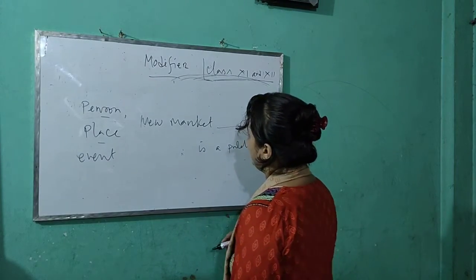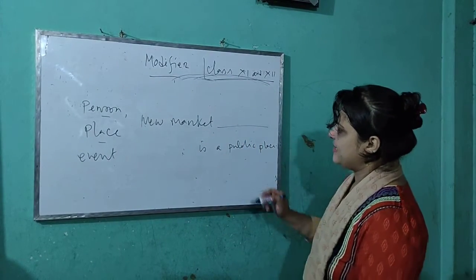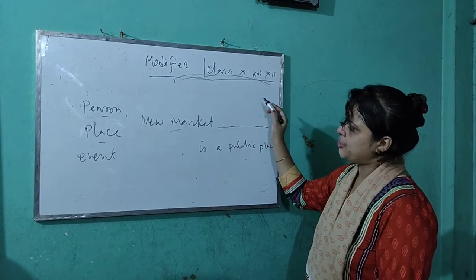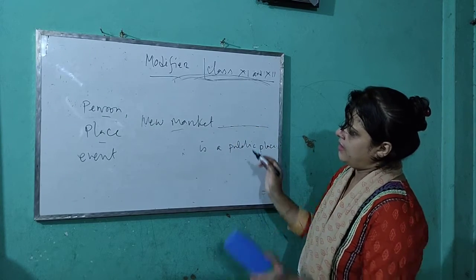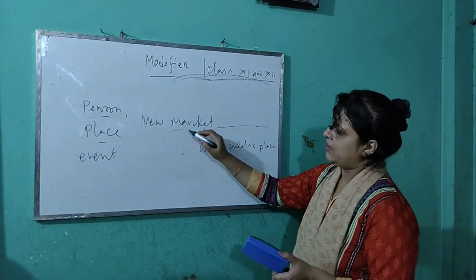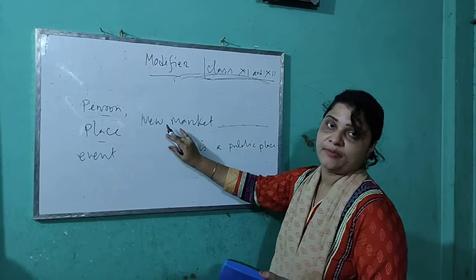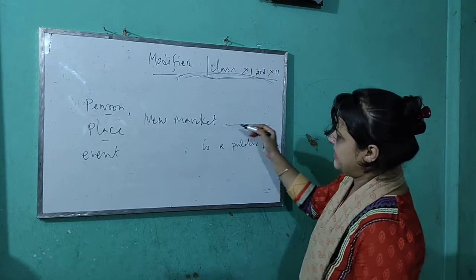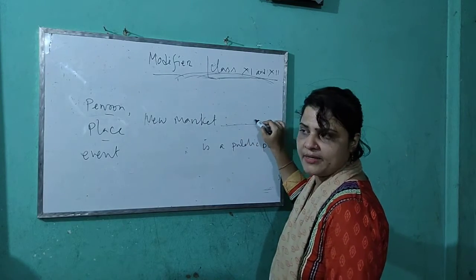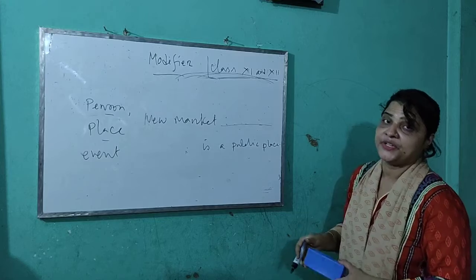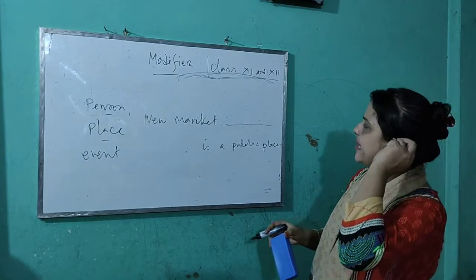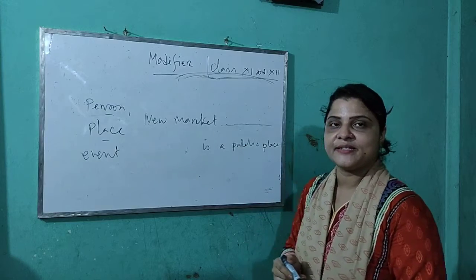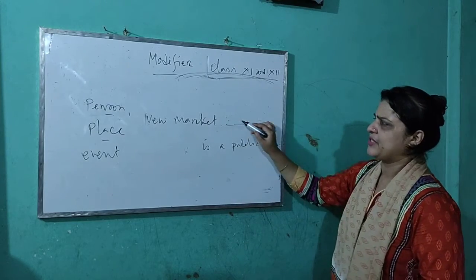So New Market, this is a place. You can use an appositive, which must be very suitable. So for New Market, you can say situated near Nilkhet, or you can say a popular, a crowded place. Okay, like this you can use an appositive.